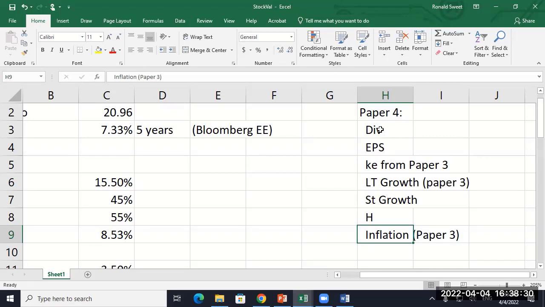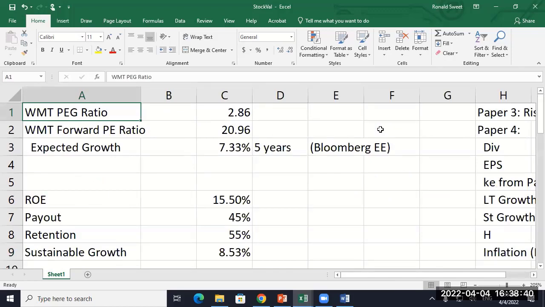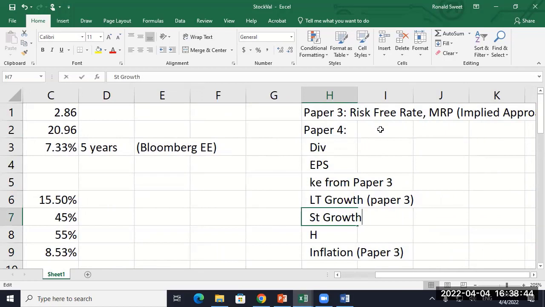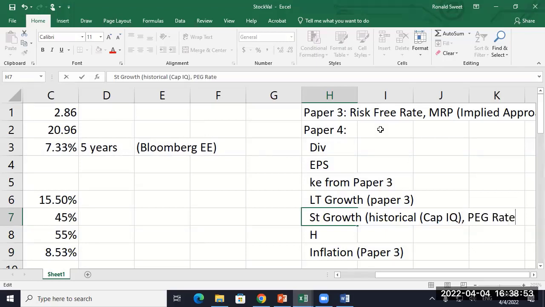So you're going to spend most of your time here probably on the growth rates, but probably on the short-term growth rate. And I gave you the 3 approaches on the short-term growth rate that you can use. One is the historical, remember that, I use Capital IQ. Use the PEG ratio.